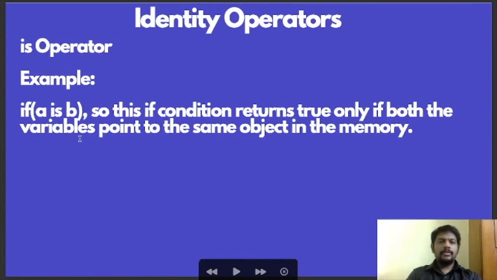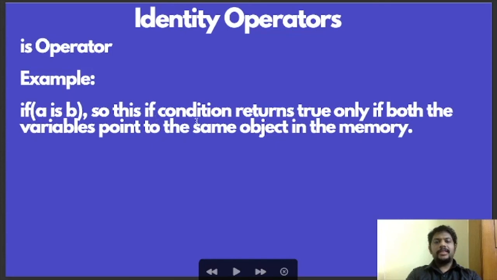Now we will talk about identity operators. Earlier we discussed the address of an object in the memory. So this "is" operator actually talks about the address only. Now consider this expression, if a is b.